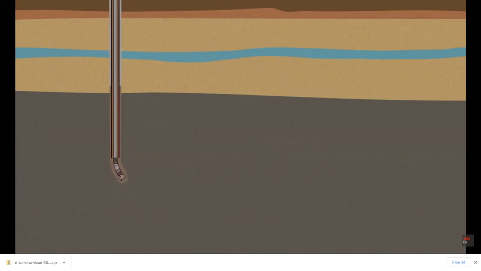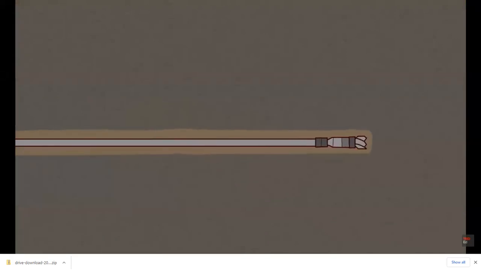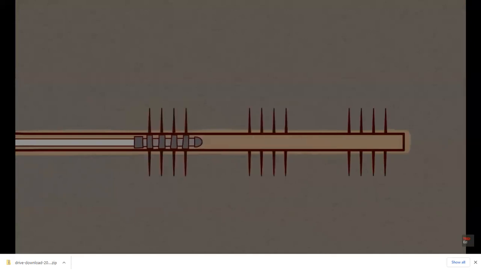It turns 90 degrees and extends horizontally for about 1.5 kilometers through a compressed black layer called the shale rock formation. A specialized perforating gun is then lowered and fired, creating a series of small inch-long holes that burst through the well's casing into the rock layer.